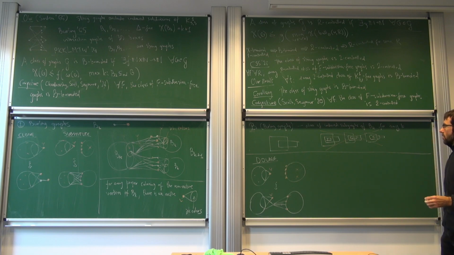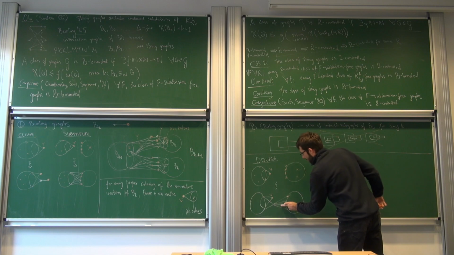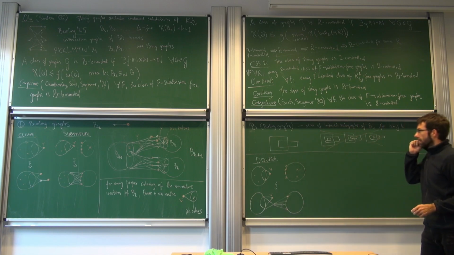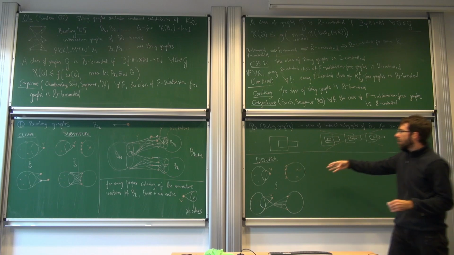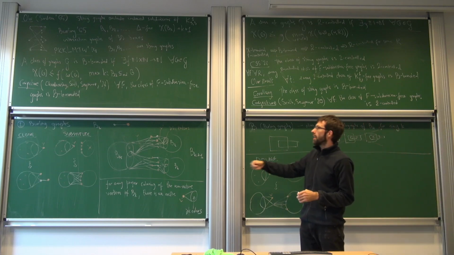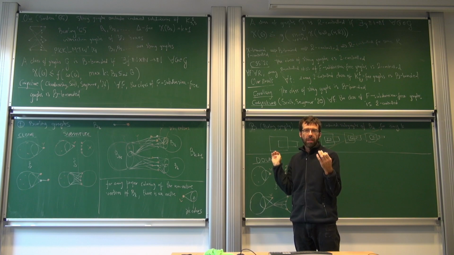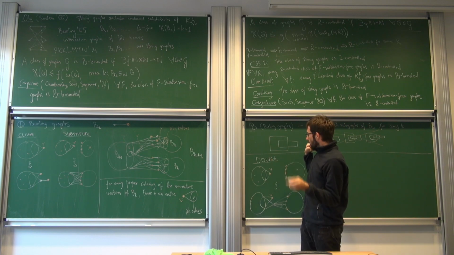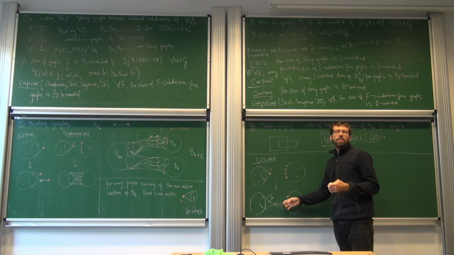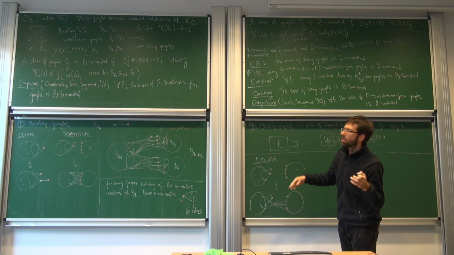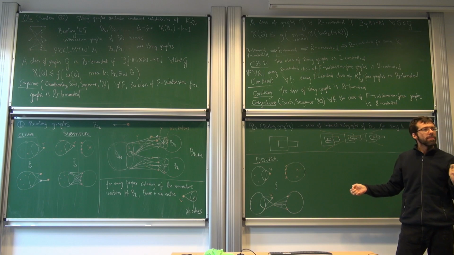Okay, so how to see that this doubling operation also creates all Burling graphs? One way, again, we constructed this using clones and substitute. Sorry, when you say that you obtain all Burling, it's as induced subgraphs?